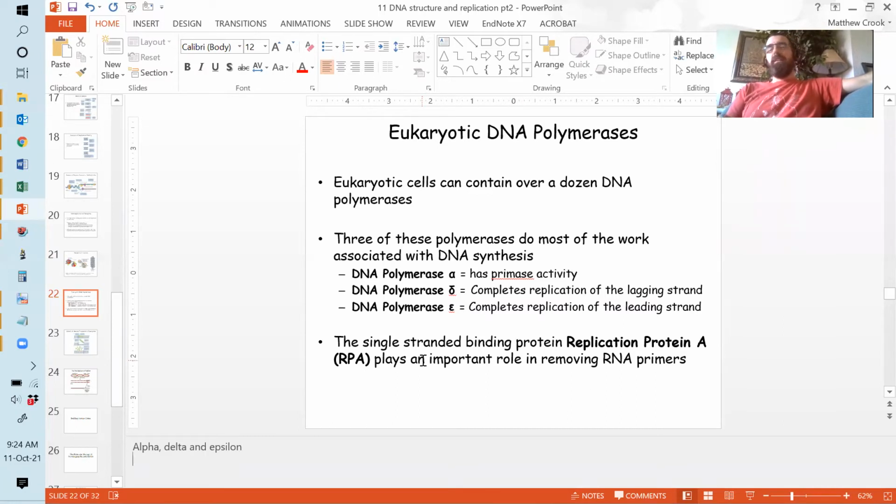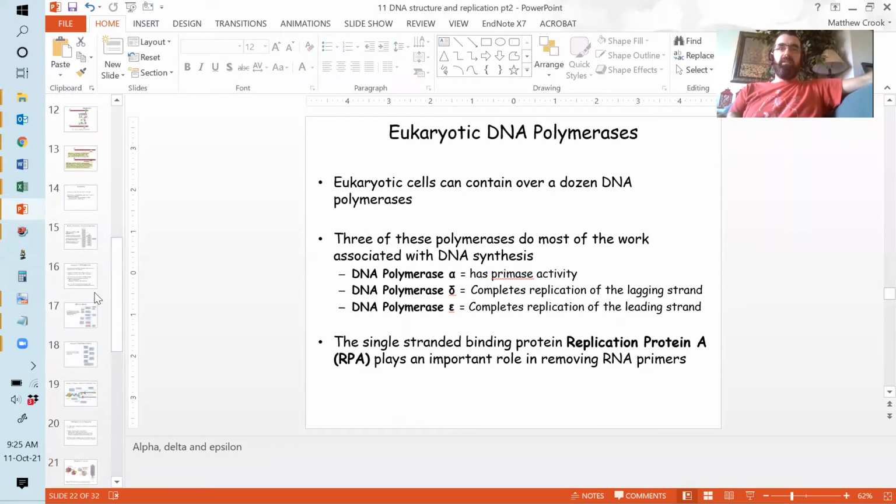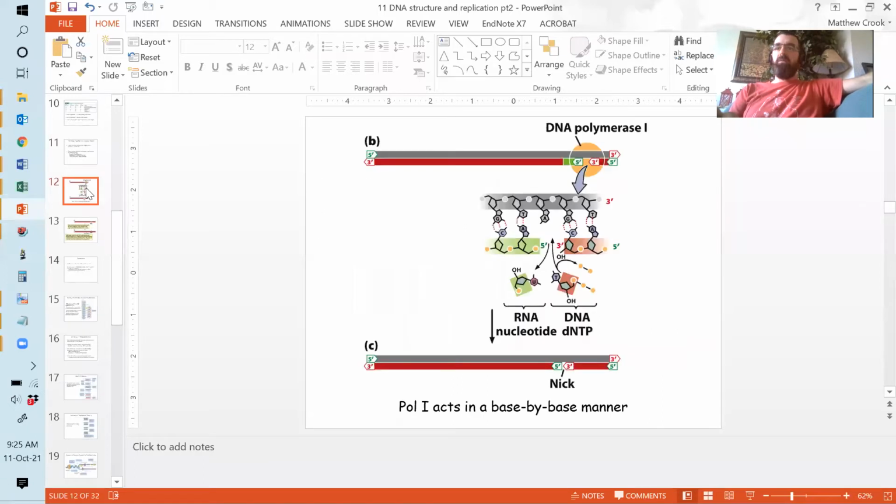And also, the process of removing primers is quite different, right? So if you remember when we were talking about prokaryotes, it's all done by DNA polymerase 1. DNA polymerase 1 both removes the RNA primer and adds in the nucleotides to fill that gap that removing that primer creates.